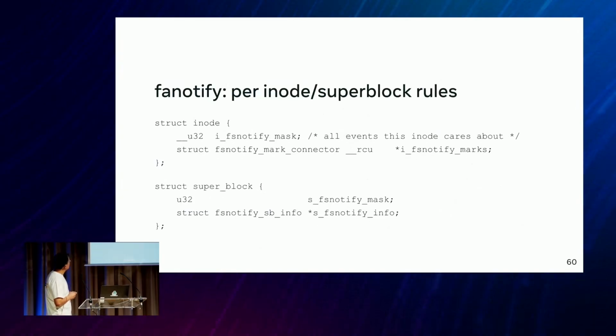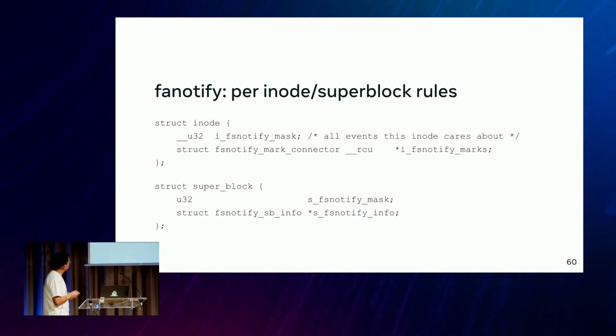This is very attractive to me. fanotify has per-inode, per-superblock, and also per-mount rules. In the inode, you see there are a few masks that record what events people care about for this inode, and this is a pointer to details of all these events.